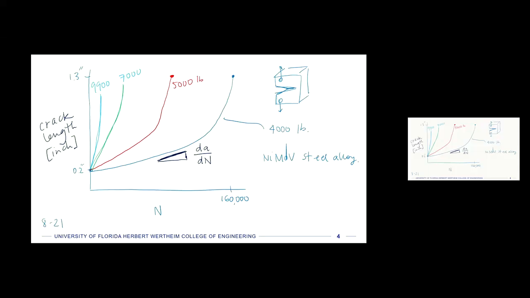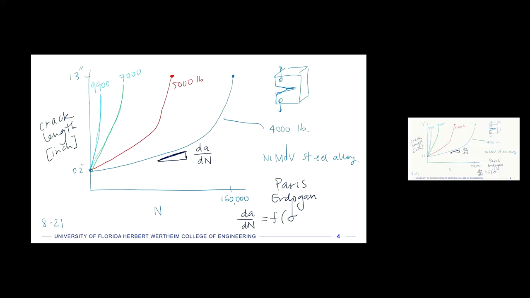From this, there were some researchers, Paris was one of them, so we'll talk about Paris law, and in the book the other one is Erdogan. They said, based on these types of experiments, dA/dN is a function, F, of the stress level, clearly, so I just wrote a sigma, because that curve changes significantly with stress.